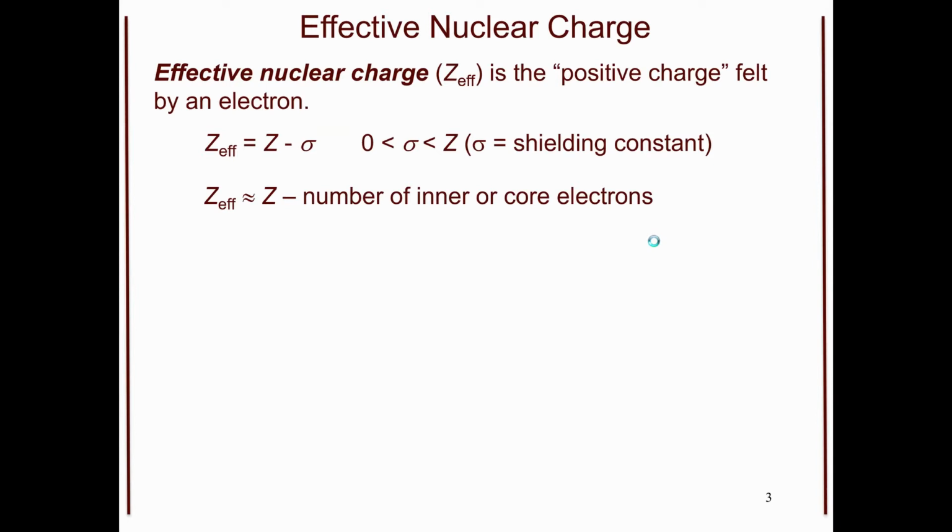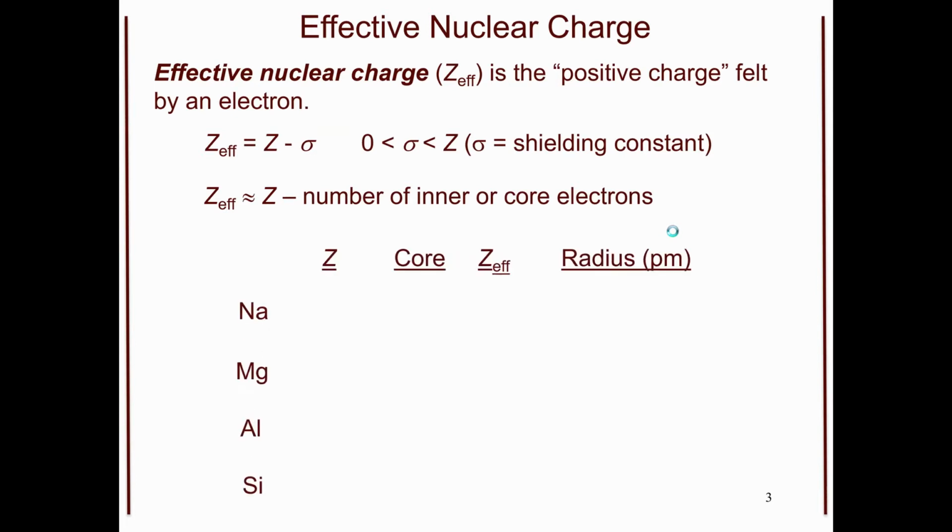What does it mean to be a core electron? This means that it has a lower principal quantum number than our highest filled shell. So if we were to have electrons in the 4s subshell, then anything with a 3 and shorter is going to be considered a core electron.